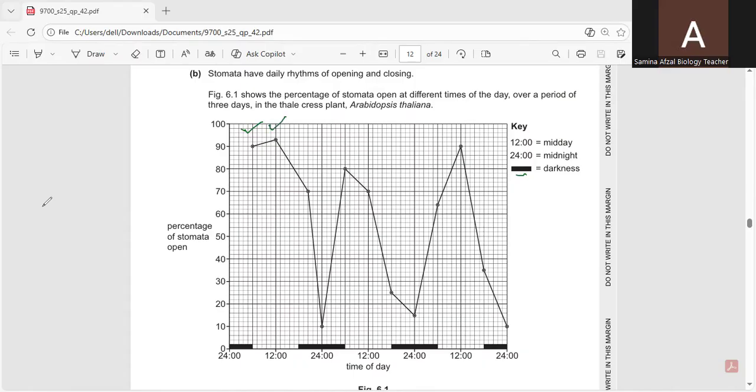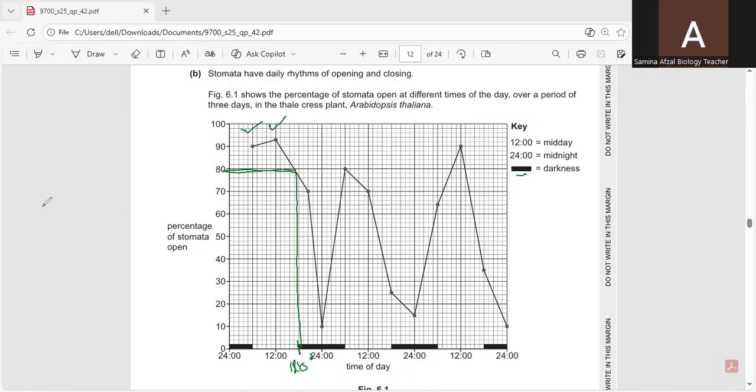Between the 12 and 24 hours, at 18 hours, it is about 80%. So if we observe day one, the maximum is 90%.